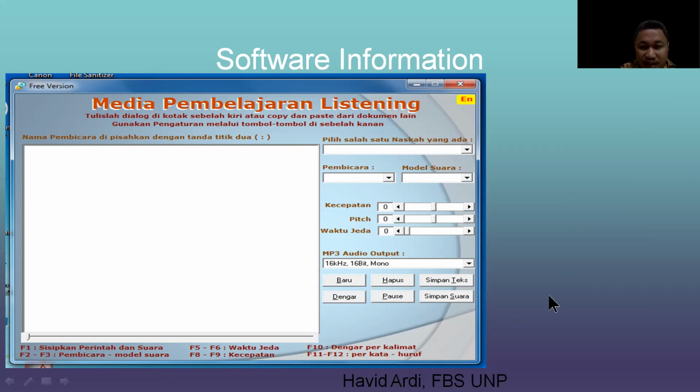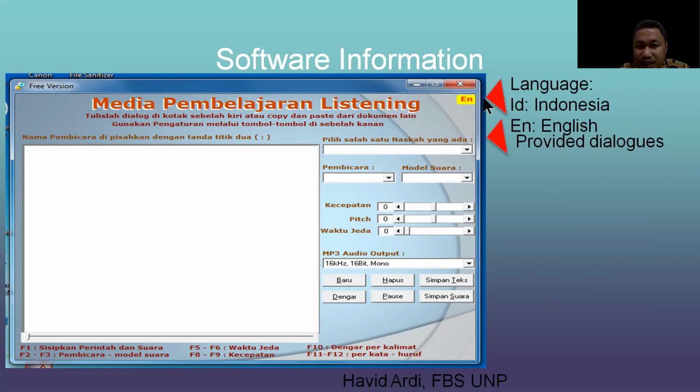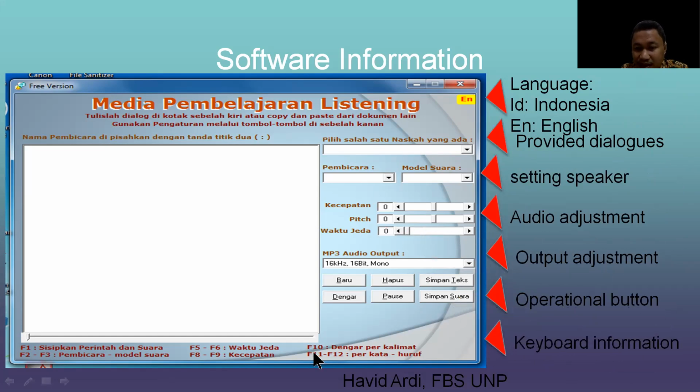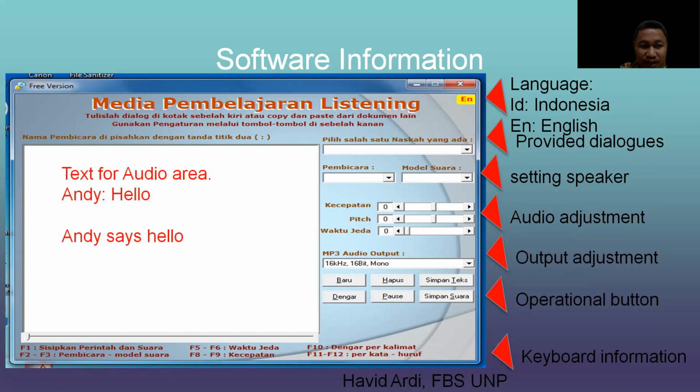So this is the information about the system. We can change the language into English by clicking the yellow button, so it will be changed into English, ID for Indonesia and EN for English. And then changing the speaker just now, and then audio adjustment, then output adjustment, and operational button, and the last one about the information about the buttons that are available in this software, or keyboard information.